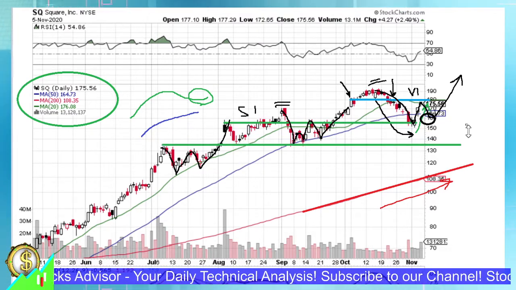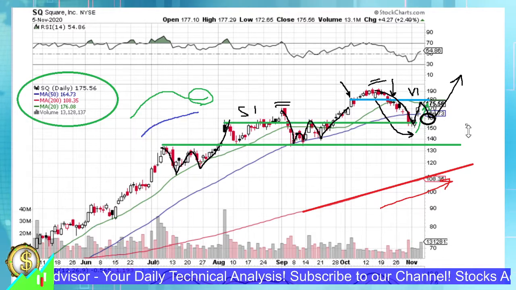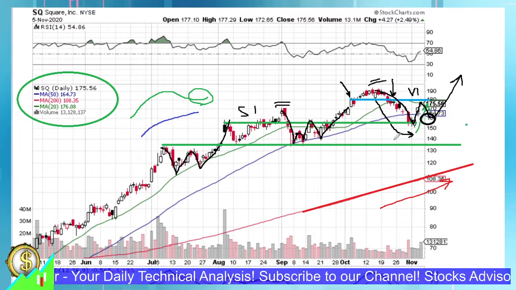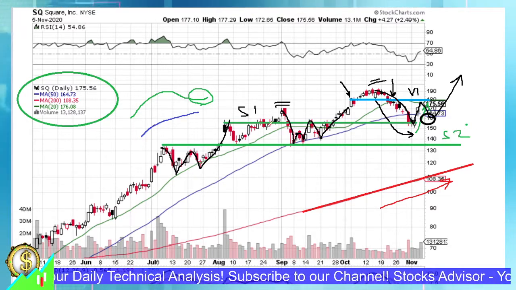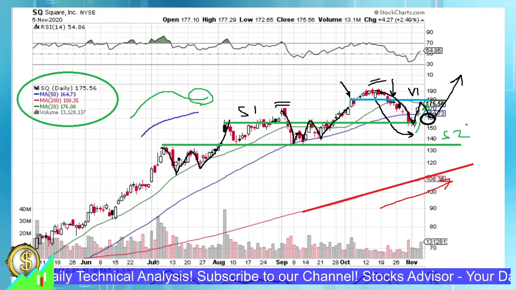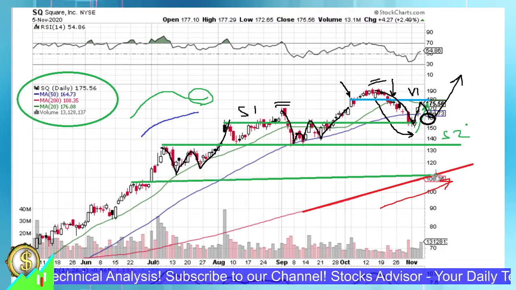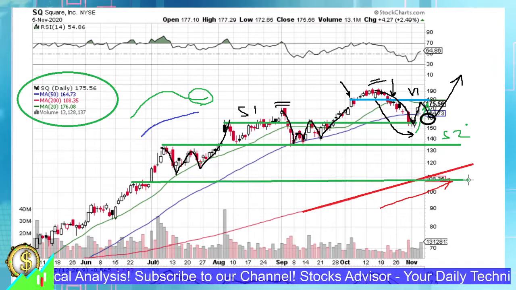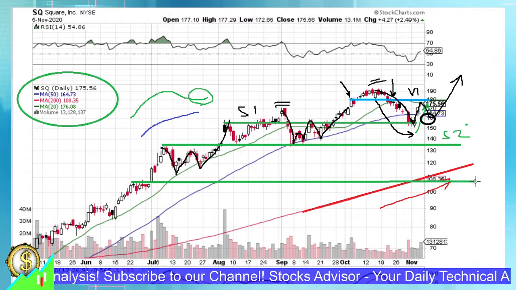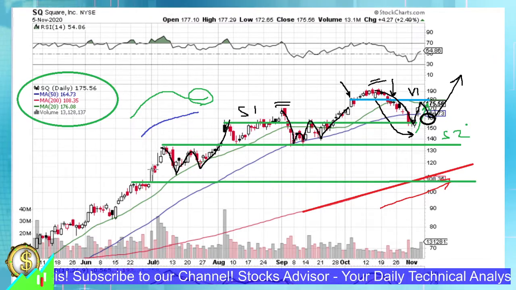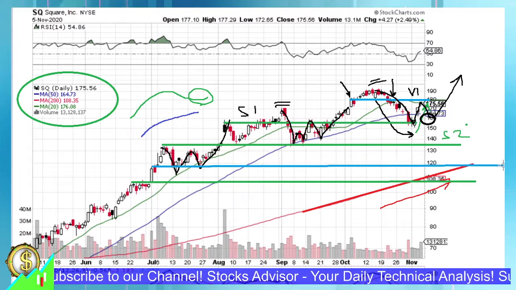It's just below 140, so it's about 135. So this would be the S2 line, and then, of course, just to draw it, although we do not necessarily go to those levels, there is another support line here, and there is one volatility level here.